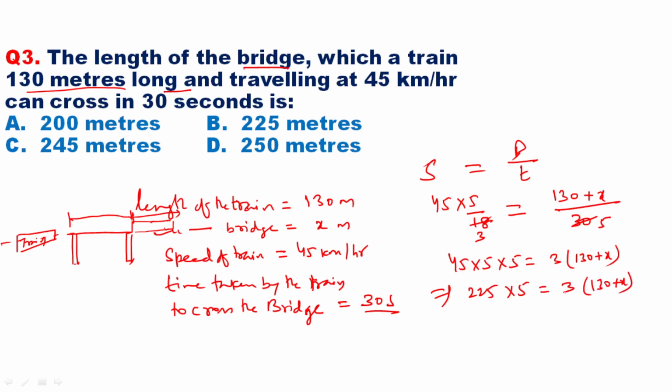So now with 3 we can cancel. 225 is divisible by 3. So 3 7s are 21 and 3 5s are 15. So this has become 75 into 5, 375, is equal to 130 plus x, and this gives us x is equal to 375 minus 130.